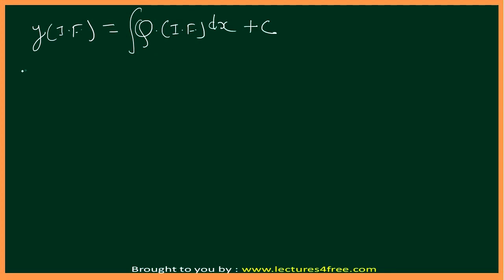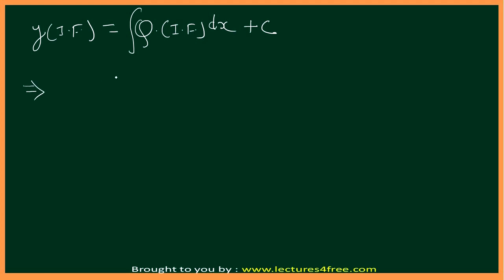So now you can find the solution. As we have seen in the earlier lecture, the solution will be y into integrating factor is equal to integration of Q into integrating factor dx plus c.